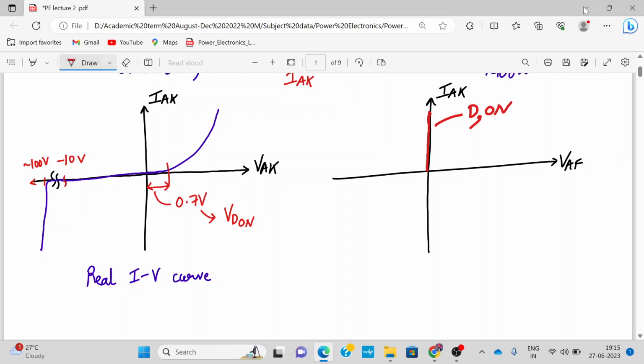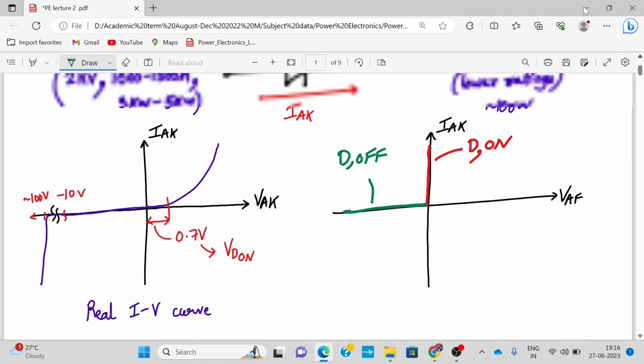Alright. And when the diode is off, it is represented by a line parallel to the x-axis on the negative x-axis over here. So this is what happens when the diode is off. The more voltage you apply, still the current won't increase, and that's what makes the diode a unidirectional device.